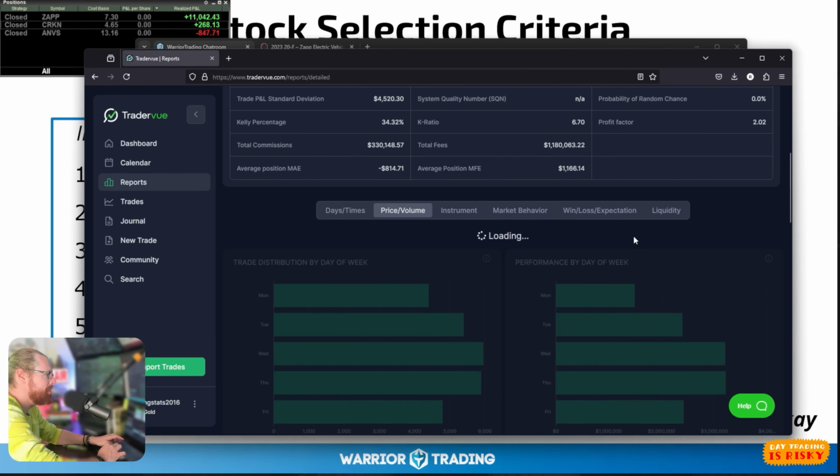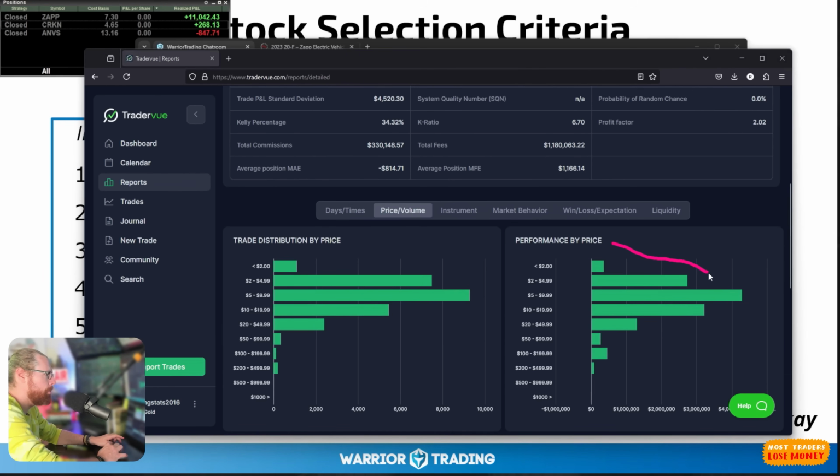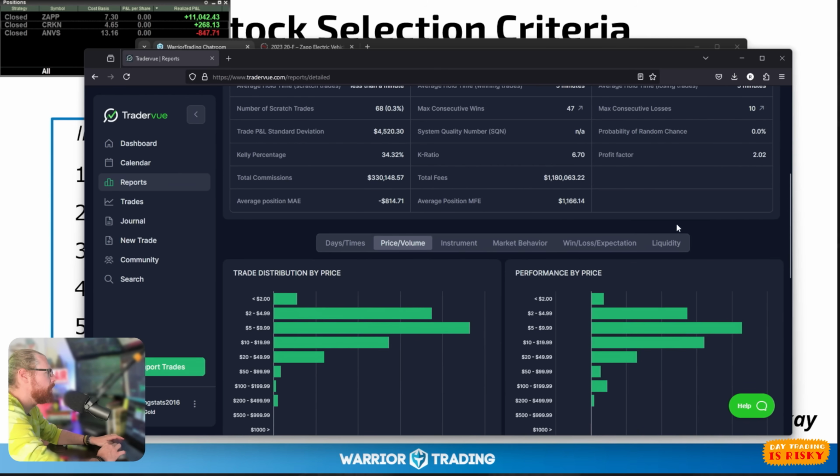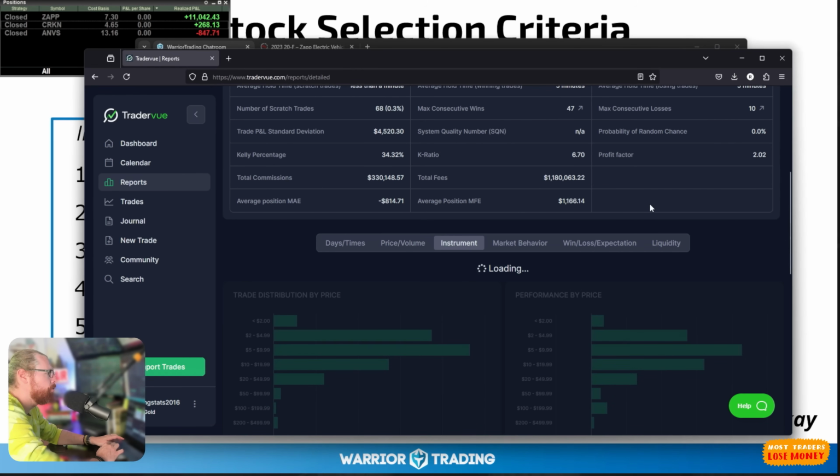If we tie in my metrics here, all of this will support what I've already shared with you. If we look at price and volume, you're going to see that my performance is predominantly in the under $20 price range. Yes, I've got some winners here, but of course also some bigger losers. We look at performance based on relative volume, by instrument.